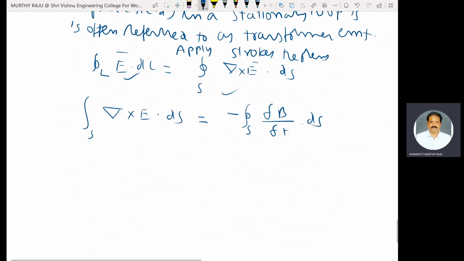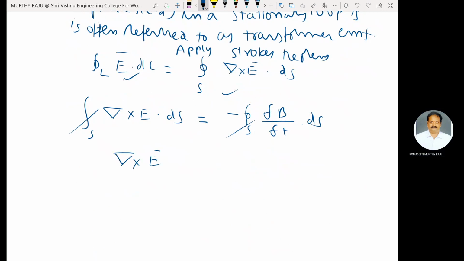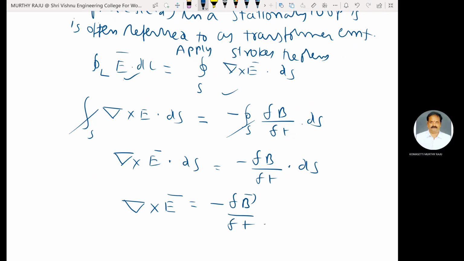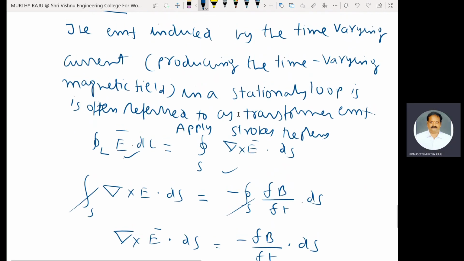These two surface integrals cancel. Therefore, finally, del cross E dot ds is equal to minus dou B by dou t dot ds, so del cross E bar is equal to minus dou B bar by dou t.